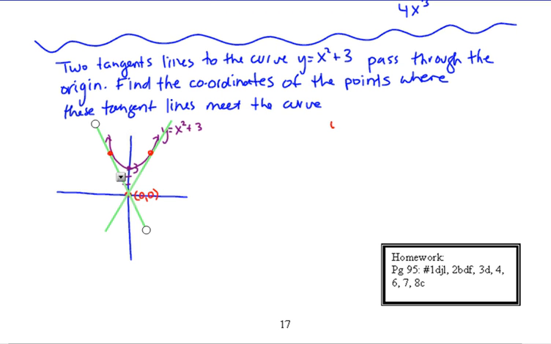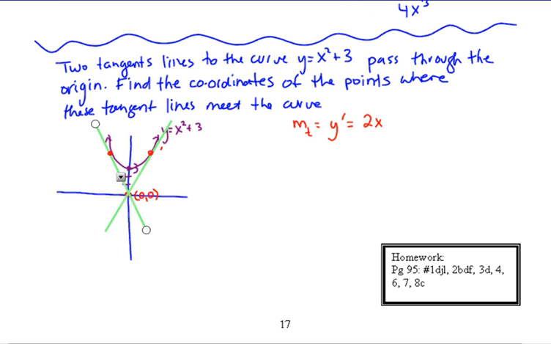The derivative of our function, we know the slope at any point is equal to 2x. So that's our instantaneous slope at any point of our tangent lines, which is going to equal 2x. What else could we do? That's where I'd probably start. Is there another way we can find the slope of our tangent lines? y minus y1.